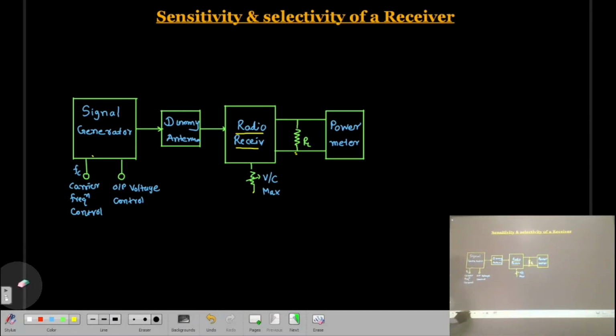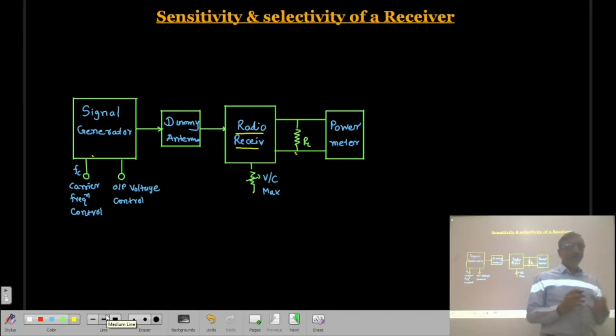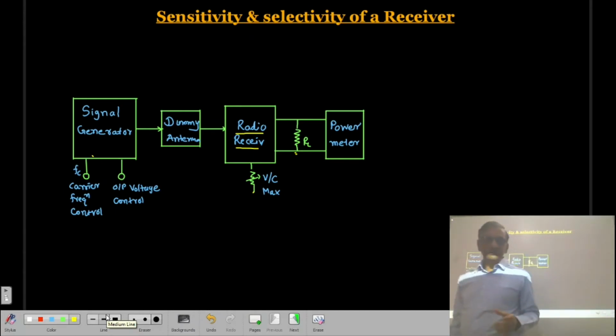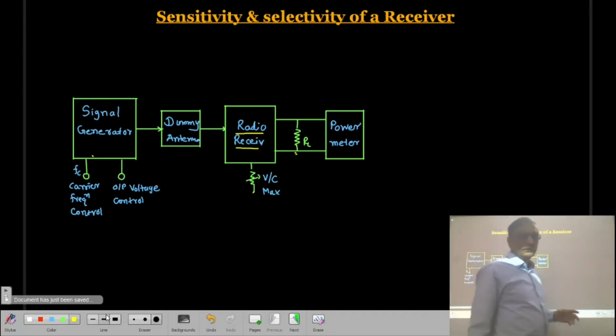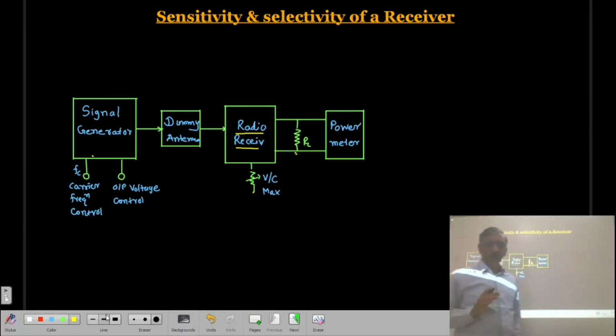Now remember, the signal generator has a number of controls where you can change the carrier frequency, the modulating frequency, the modulation index, as well as the amplitude of the modulated wave. Now, according to the standard definition, what is the standard for applying the signal for testing the sensitivity?